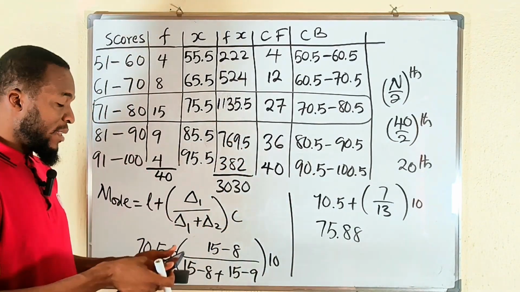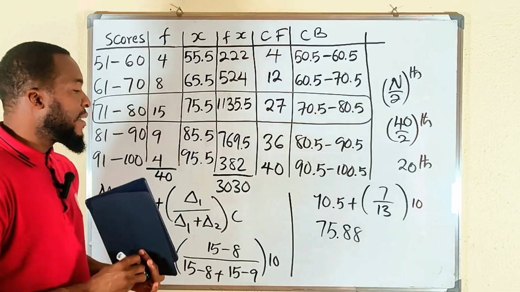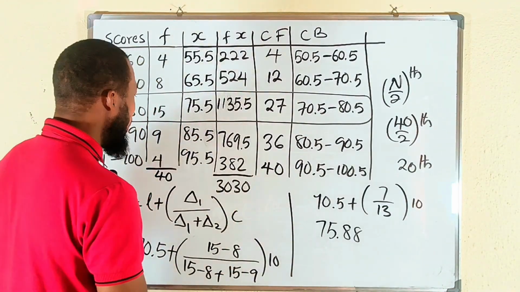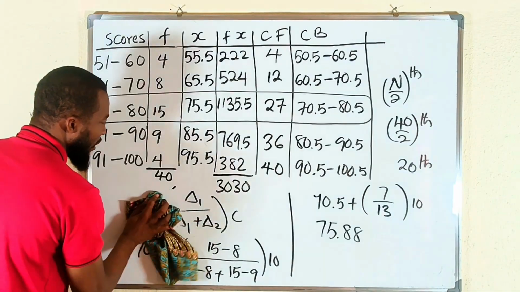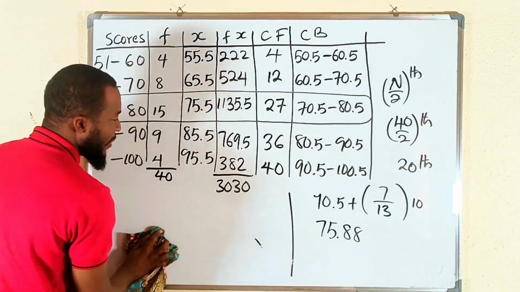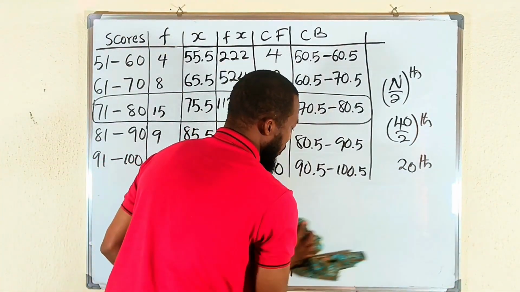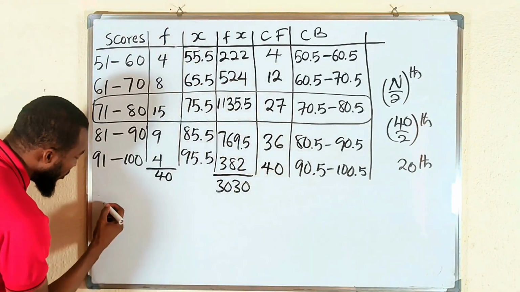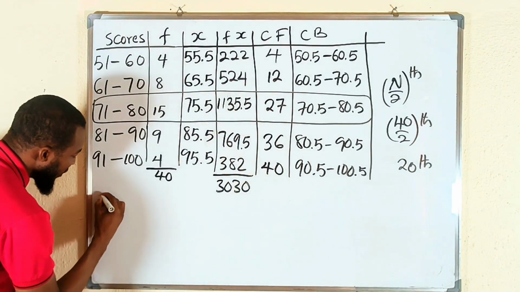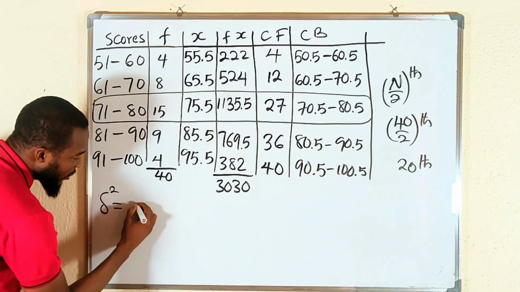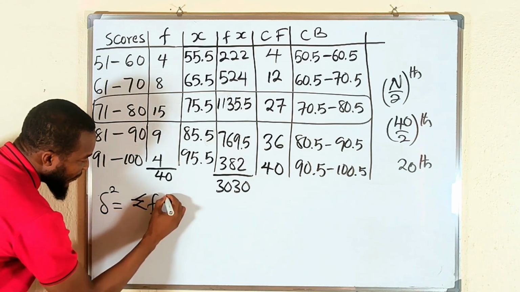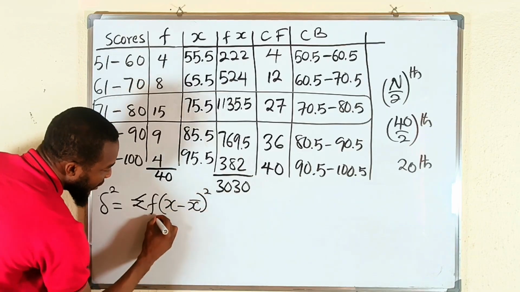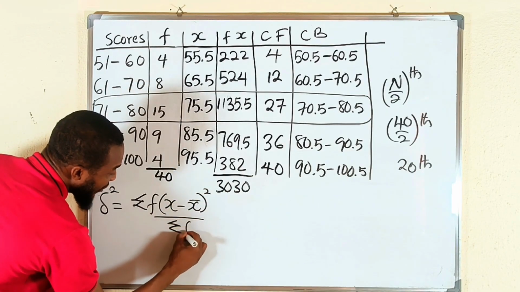Now let us calculate the variance and standard deviation. For the variance and standard deviation, we need the mean, so I'm going to bring it back. But let me write the formula first. The formula for variance is equal to the summation of f of x minus x bar squared divided by the summation of f.